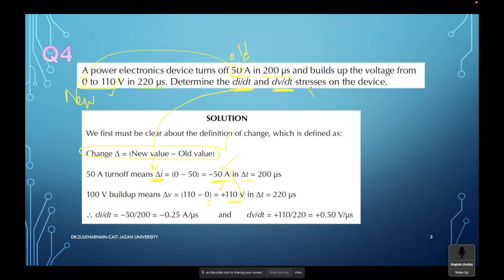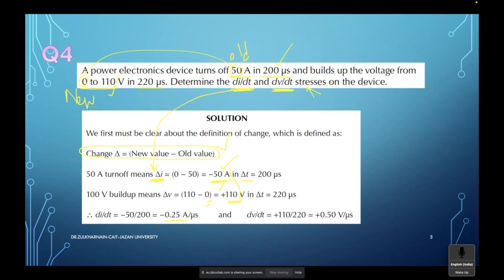He is also asking for the stress. In order to find the stress, what do you have to do? We take minus 50 divided by 200. Why 200? Because this is the time. So di by dt: the di, 50 amperes, minus 50 that we got, divided by 200, the time. If you solve that, you get minus 0.25 ampere per microsecond.